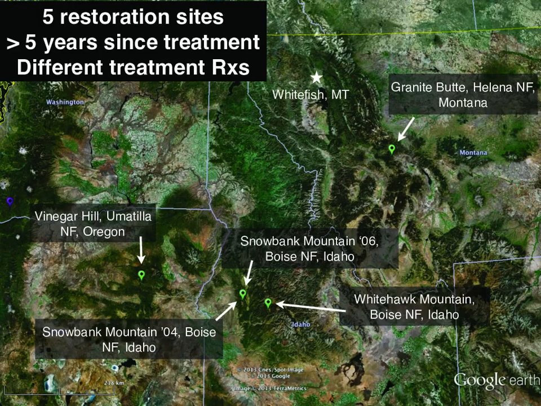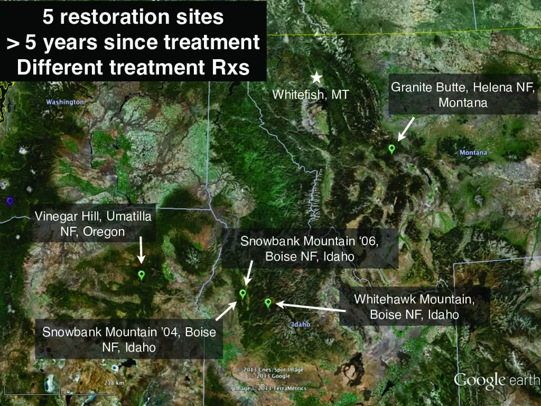I found 5 silvicultural restoration treatments in the northern Rocky Mountains and one site in the inland Northwest. I selected these because they were at least 5 years old, which is an admittedly arbitrary number, but I wanted to have some kind of baseline. I figured effects would take a while to show up.